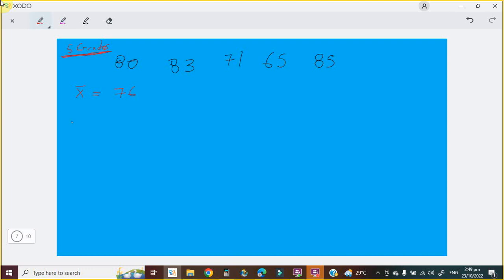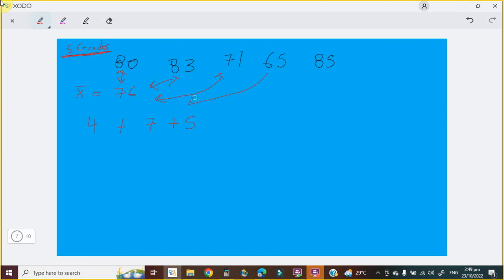Now look at this, Aman. Notice that your first score deviated by 4, right? So from 80 to 76, your first score deviates from the mean by 4. Your second score deviates from the mean by what? 7, right? The third score deviates by 5.